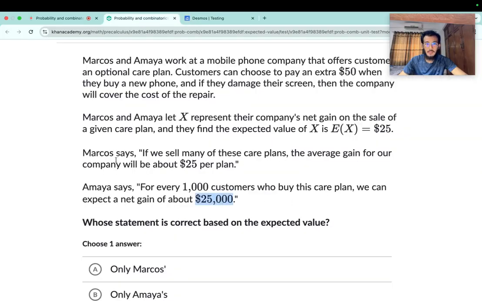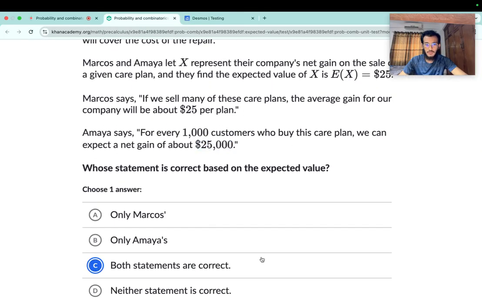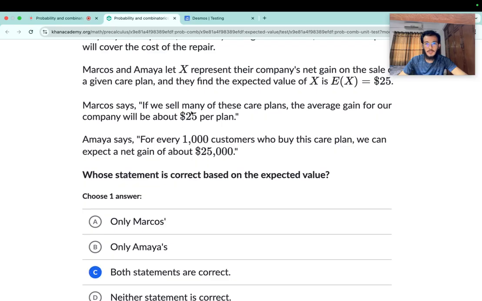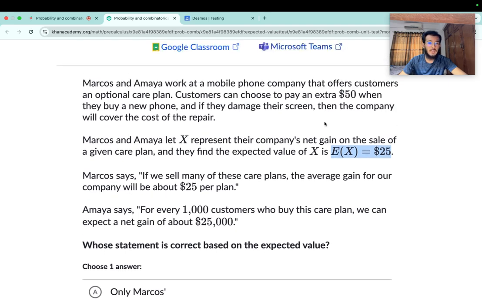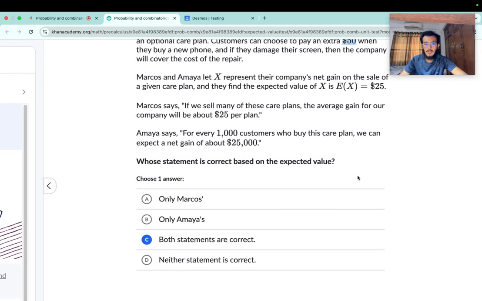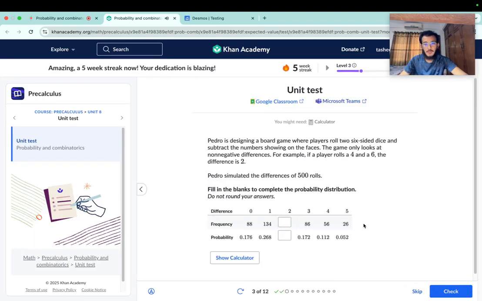And I think both of them are correct. Both statements are correct because the expected value of X represents the average gain. So when you take $50 from each customer and you get an expected value of 25, which means 25 is your gain. So C should be our correct answer. There we go.